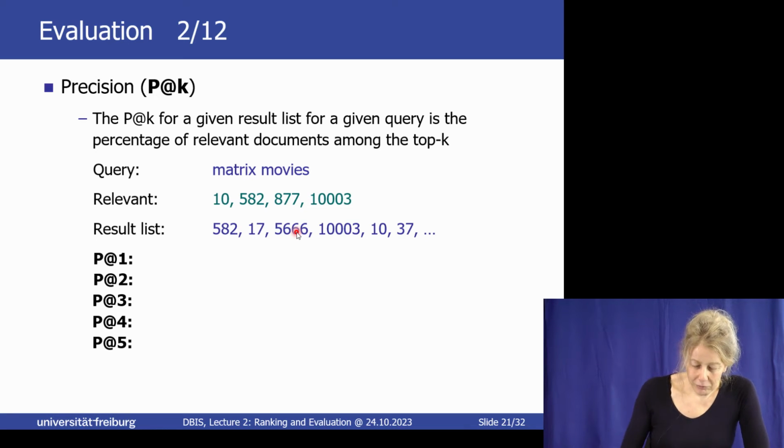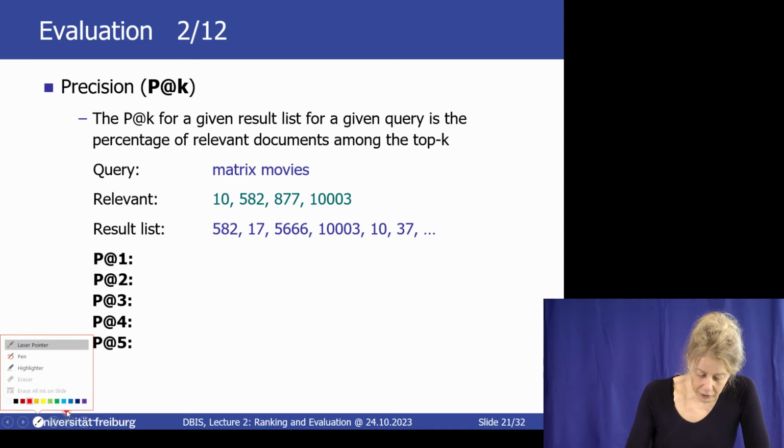And now we want to say, okay, the search engine produced this result, how good is it with respect to this ground truth? And all the following slides will introduce different measures which somehow measure this. So let's first write on top of each document, this one here is relevant. I want relevant in green, I think.